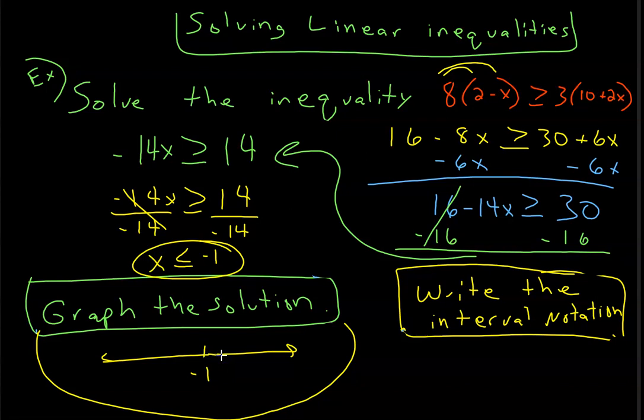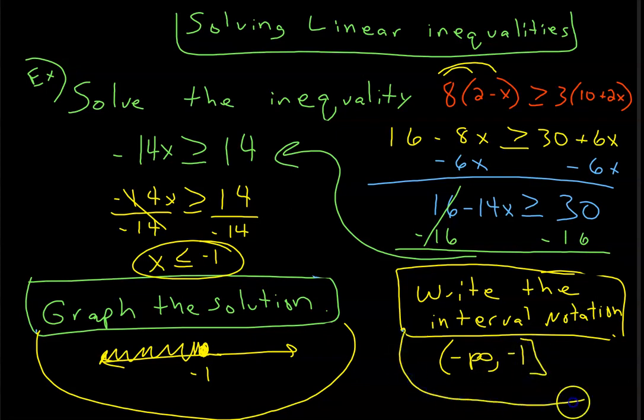There's a closed circle on negative 1 because it says or equal to. And I'll shade this also to the left. So the interval notation would be from negative infinity to negative 1 with a hard bracket on negative 1, because negative 1 has a closed circle or an or equal to bar here. Both of those tell you it's a hard bracket.